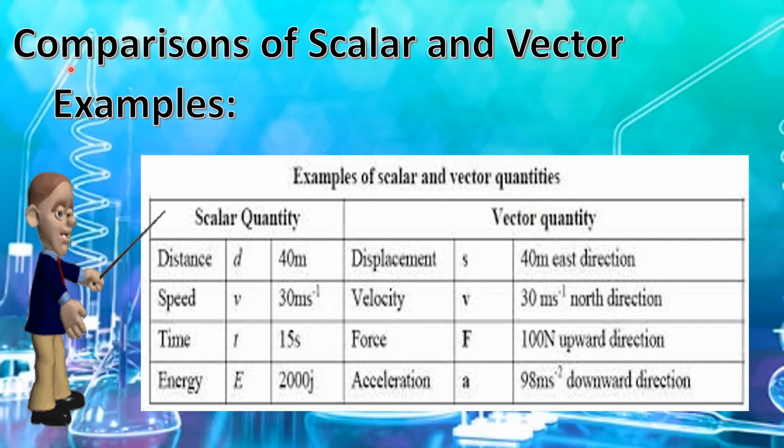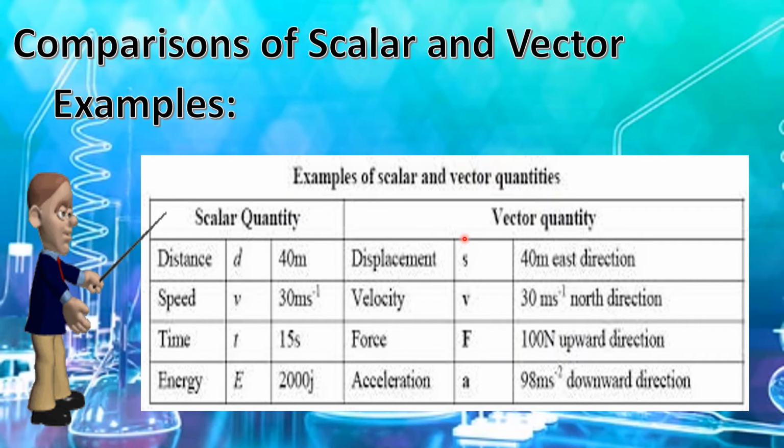Okay, I have here some examples of comparisons of scalar and vector quantities. For example, for scalar quantity, distance: it's only 40 meters. So 40 meters is only a scalar quantity because 40 meters is only a size or magnitude.